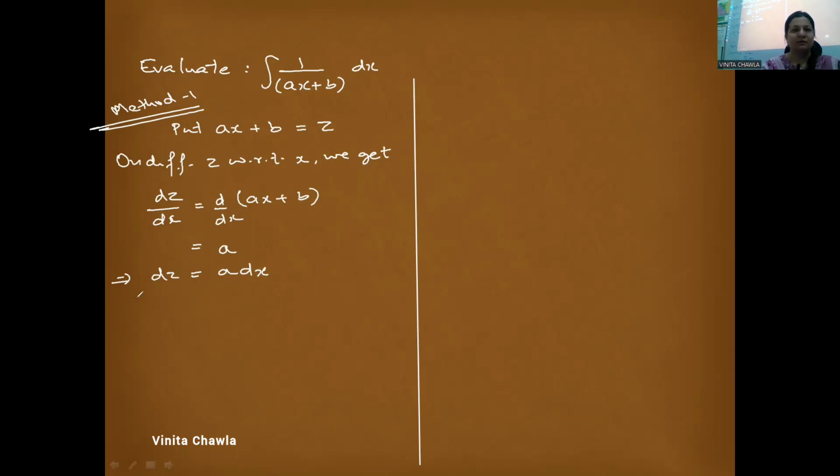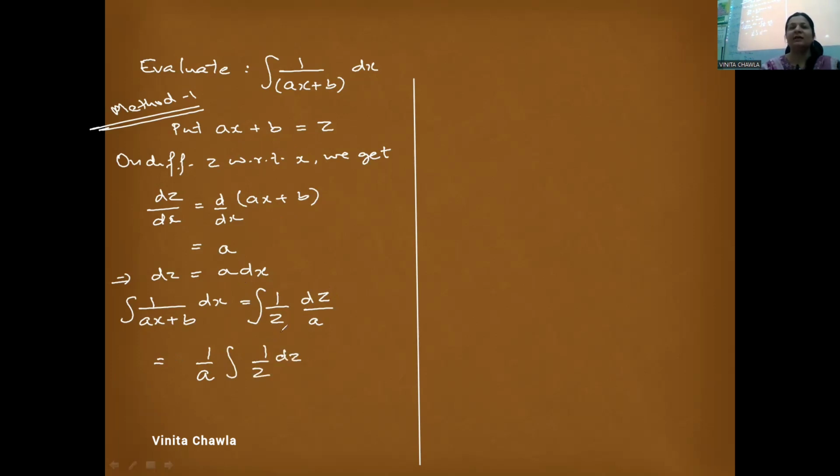Now we can write 1 upon ax plus b dx in terms of z. So this 1 upon ax plus b is 1 upon z, so we'll write z. And this dx is dz upon a, and we'll integrate this. Because a is a constant, we can just write this a outside the integration sign, and in the bracket we have this only.